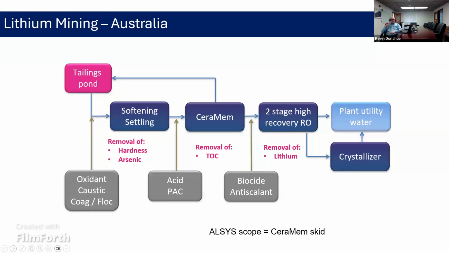So this is a very high quality pre-treatment to an RO unit. That's the way you could think of it. And then the crystallizer is used to take the rest of the water out of the RO reject. So this is the plant that was installed. This was all tested and developed back in, I think, 2017. The work was done and the plant was installed in 2019.